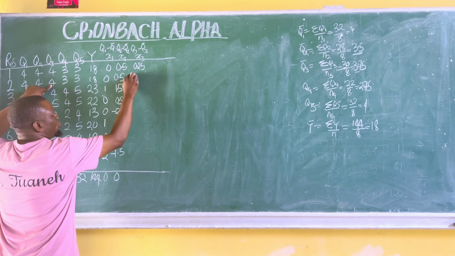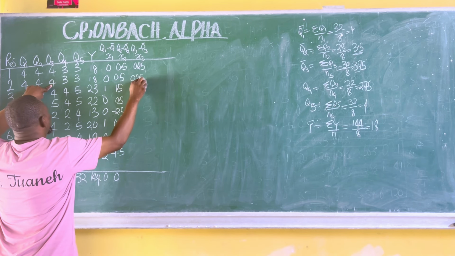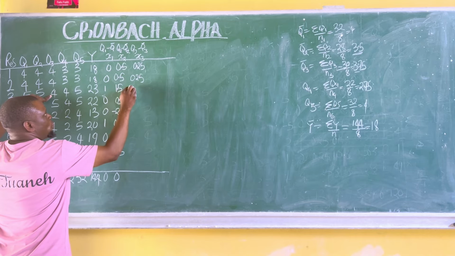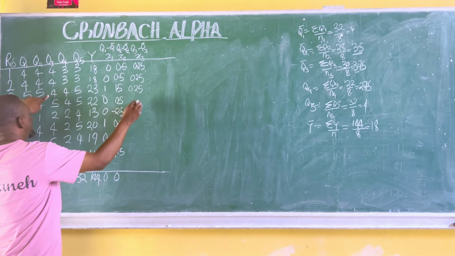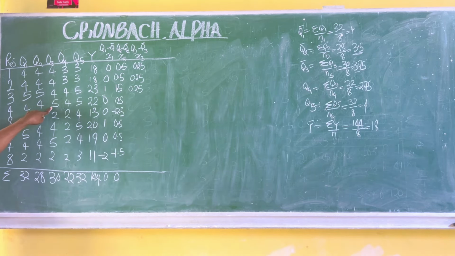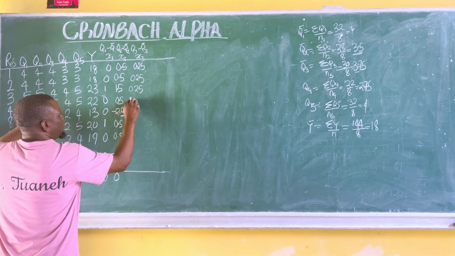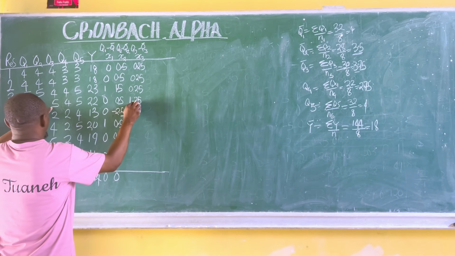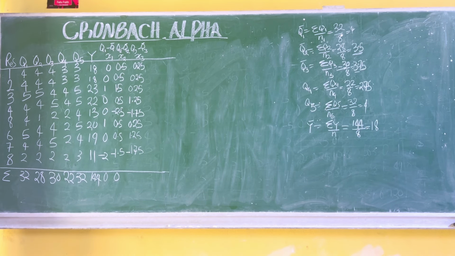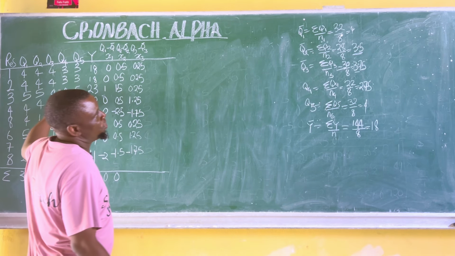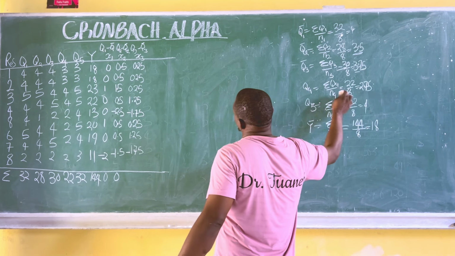So this is also 0.25. This is 0.25. So we have 5 minus 3.75, 1.25. So we also have Q4, and the mean of Q4 is 2.75.